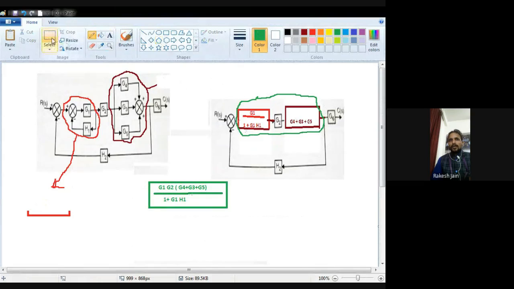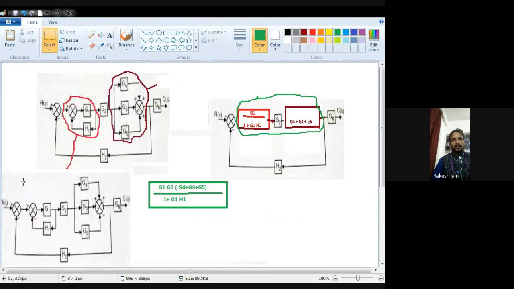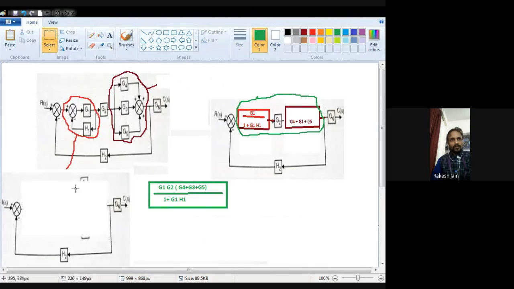So what do we have to do? I will again show you the same thing. This was my question. When I started with that question, I solved it and found that these blocks will be completely removed, which I just removed right now, and found the solution as this one.